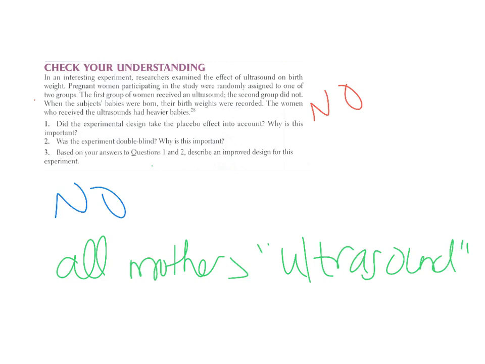And then maybe you don't show them the screen so they don't know if the machine is on or not. And then the people that are weighing the baby at the end, we just make sure they don't know whether they had ultrasounds or not. That would be a way to definitely improve this, to make sure everybody was exposed to the treatment or not.